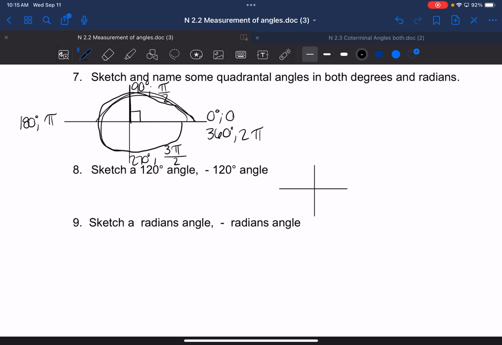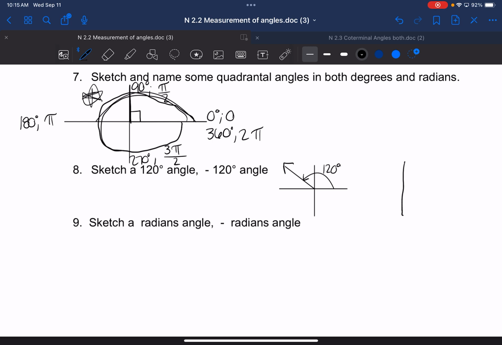Counterclockwise. Okay, and 120 would fall in here, right, in this quadrant. So I'm going to draw a line in this quadrant, approximately where 120 would be. And going from my initial side over here to my terminal side would be positive 120 degrees.